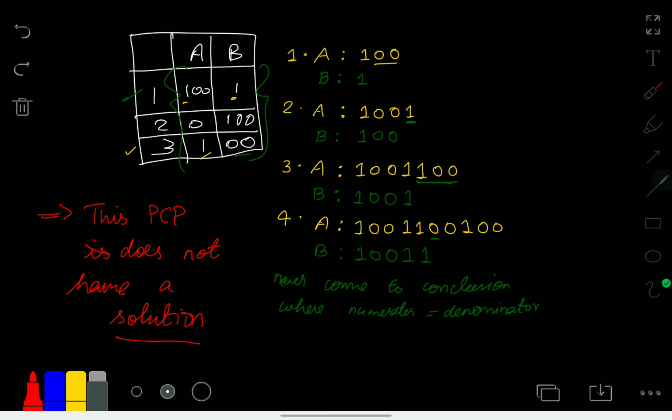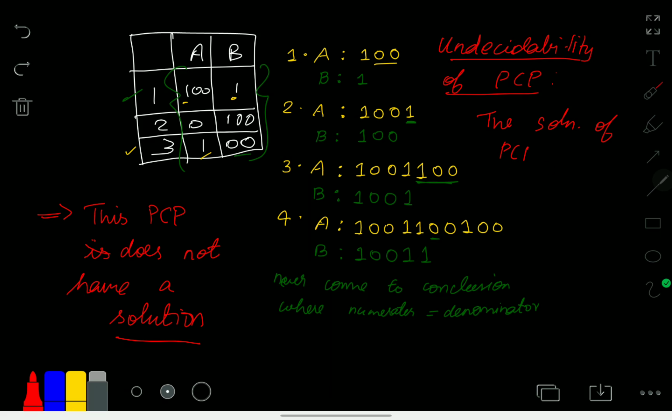Now we have completed this example. There is also a theorem called undecidability of PCP. Now this theorem states that the solution of PCP is undecidable.